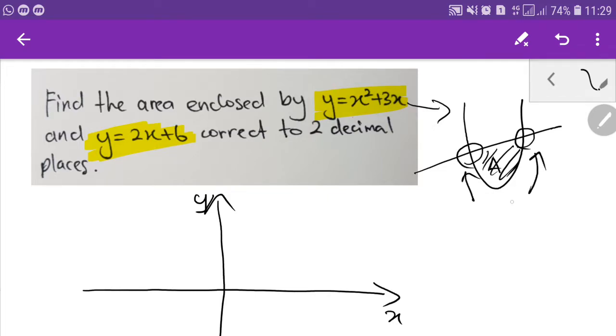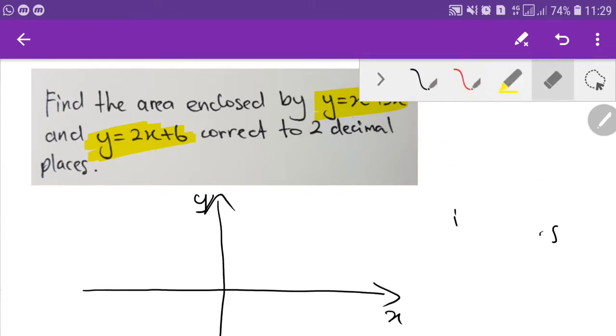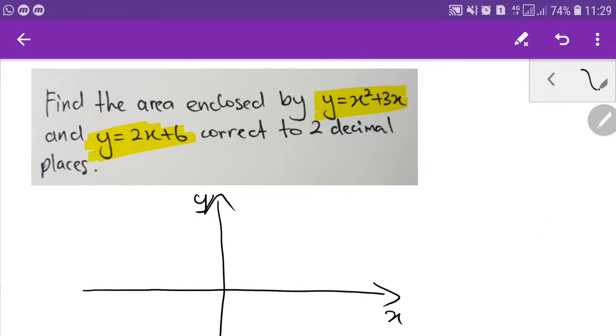These points are called intersection points. We want to find them first, even before we sketch our function. Now let's let both functions equal each other.